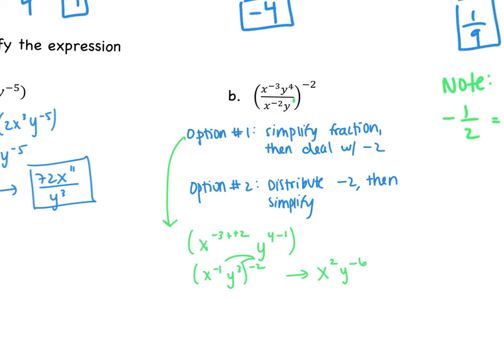Again, I'm multiplying. And lastly, that negative power has to go in the denominator. So this becomes x squared over y to the 6th. Questions?